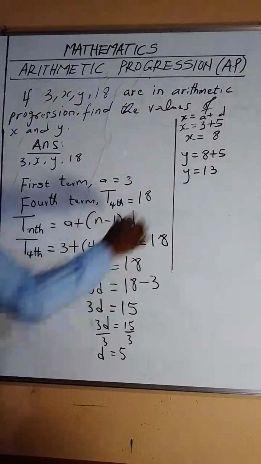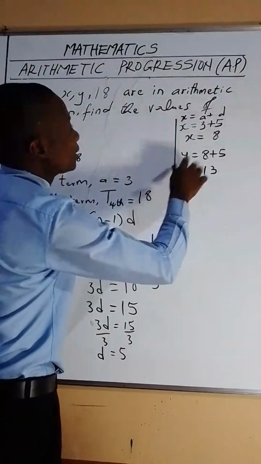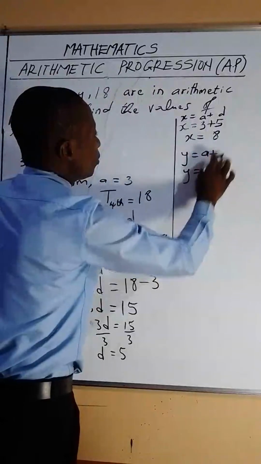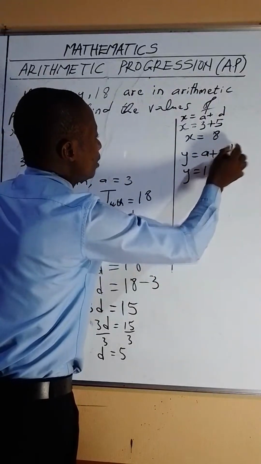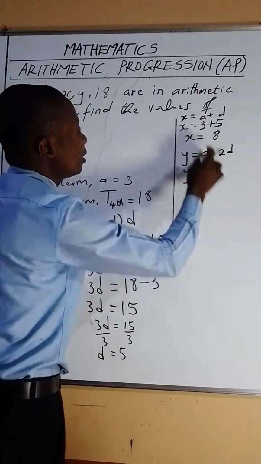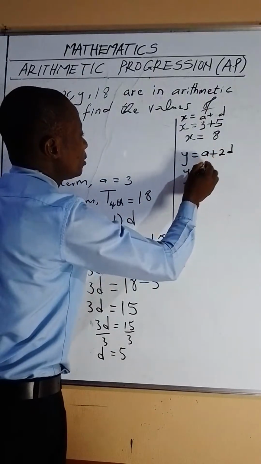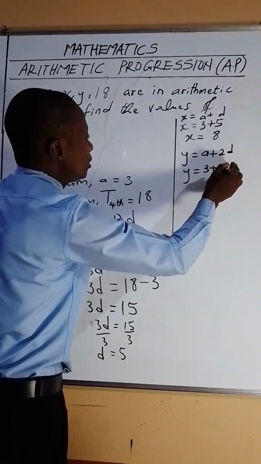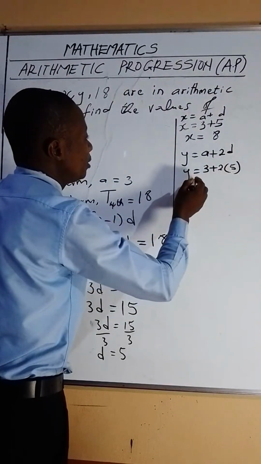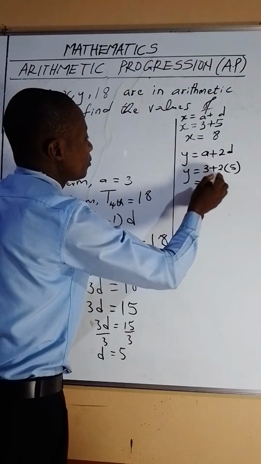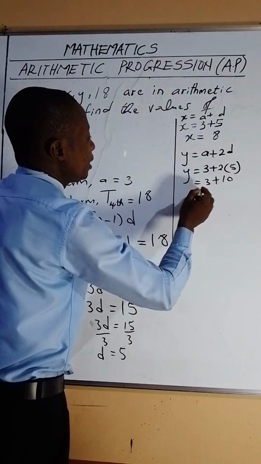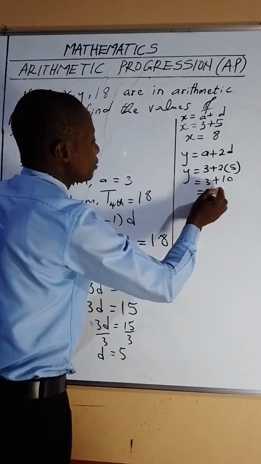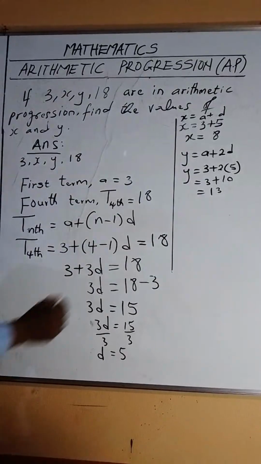Then y, let's call it a plus 2d, right? And our a is 3, plus 2d. What is d? D is 5, right? So that gives us 3 plus 10, which is 13. So whichever way you want to do it, you are still correct. Okay? So that's our y.